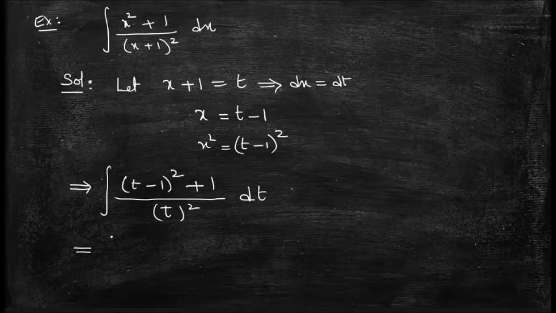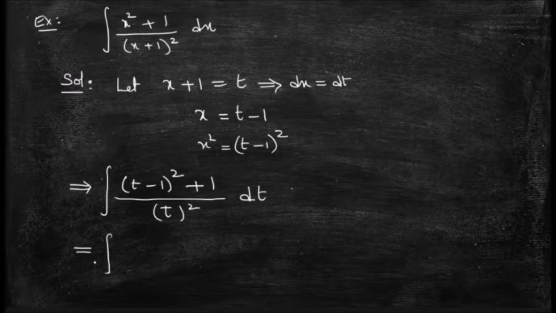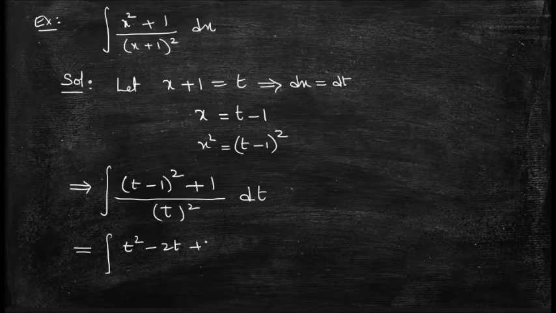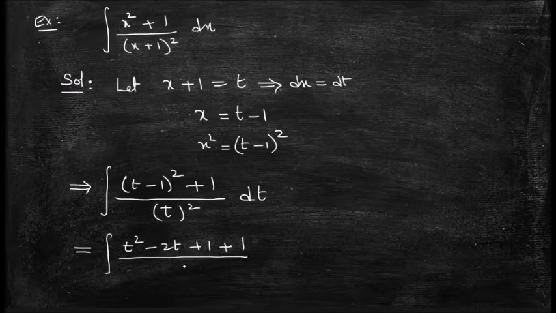Now when I open the square, it is t square minus 2t plus 1, plus 1 outside, by t square dt.